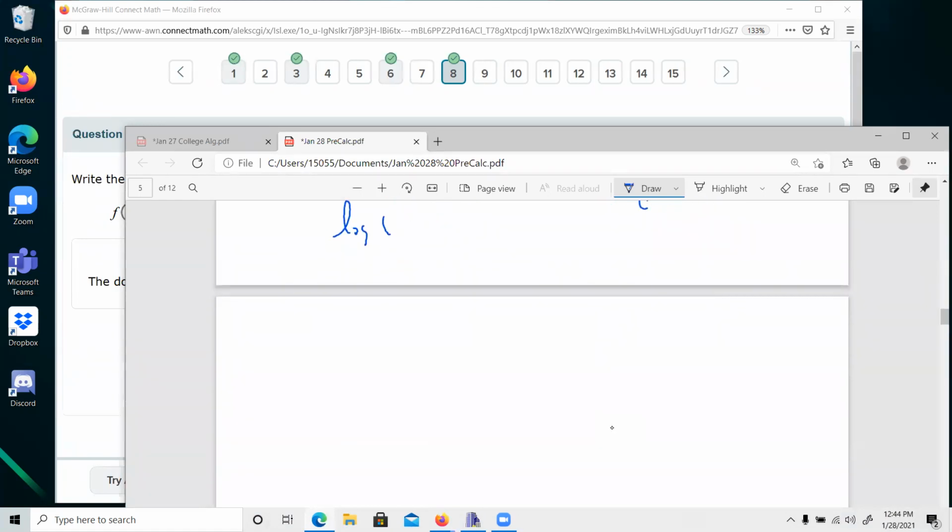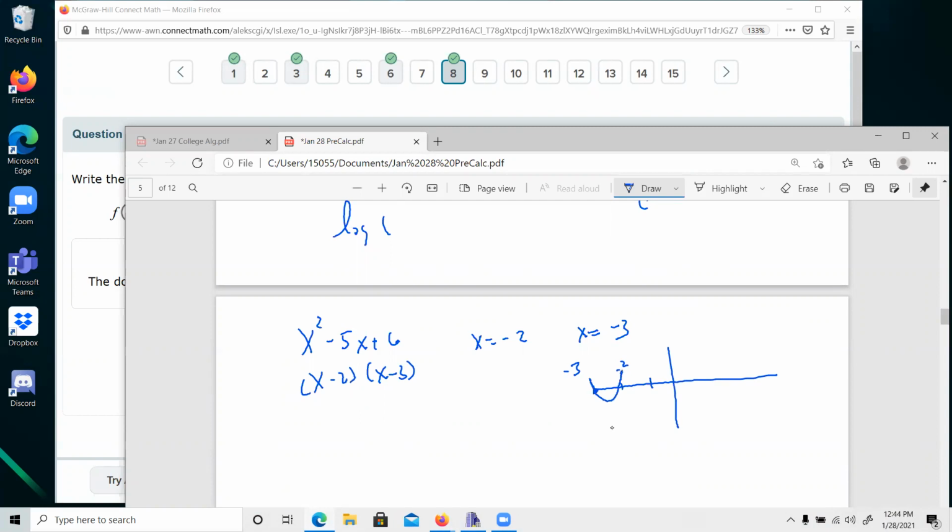Those are my zeros. So what's this graph look like? Here's my x is 3, here's 2, and this graph looks something like this.